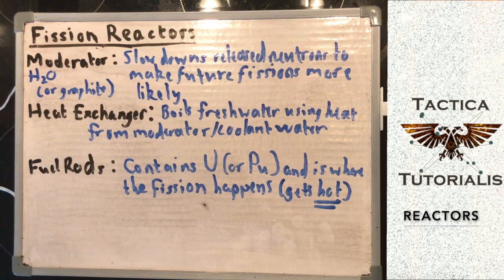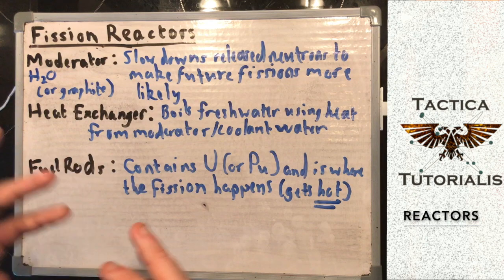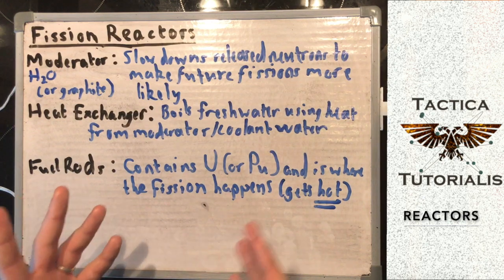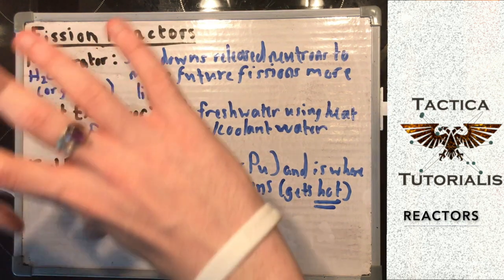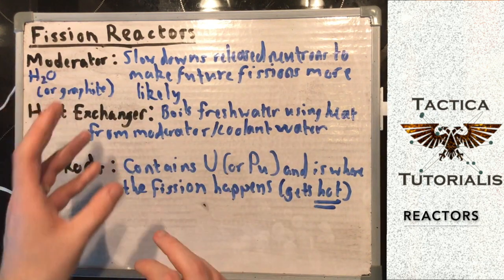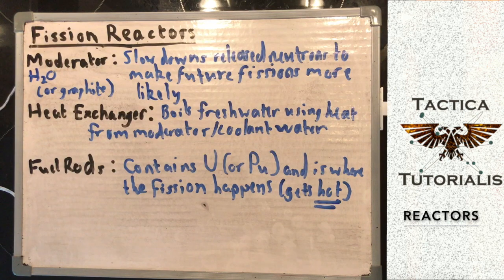That means there's no radioactive, radiation-laced steam being pumped through your entire power station, which is really dangerous if you get a gas leak. Instead, you've got all your radiation contained very nicely inside the reactor core and the heat exchanger on one closed loop.